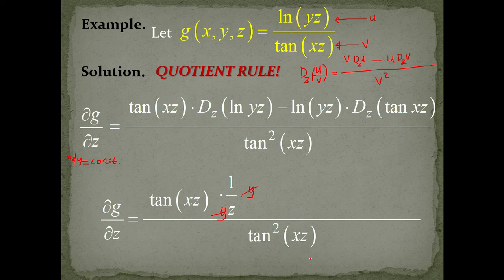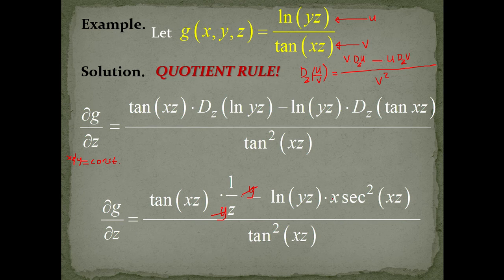Alright, so minus ln yz, then the derivative of tangent xz, derivative of tangent, that is equal to secant squared, right? Secant squared xz, then derivative of xz with respect to z. So derivative of z with respect to z is equal to 1, 1 times x equal to x.